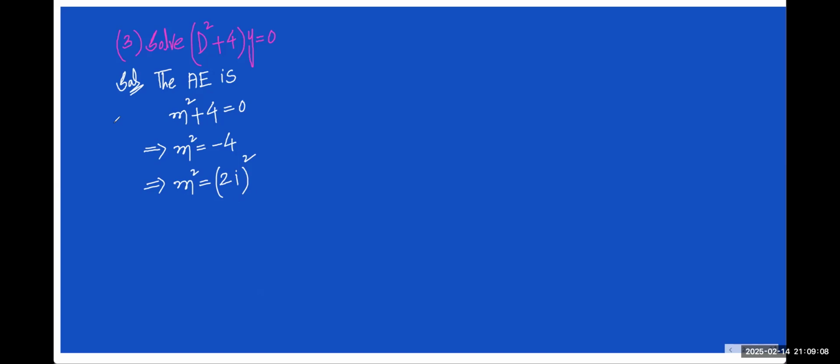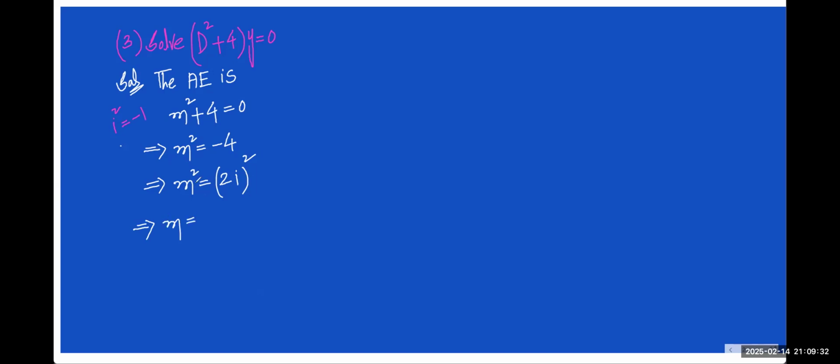Yes, complex number. i square is minus 1. Excellent. It's a complex number. So instead of writing minus, I am writing i square. So 2 square is 4, i square is minus 1. So 2i whole square value is minus 4. Correct?